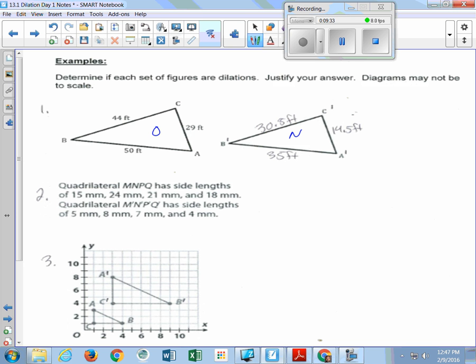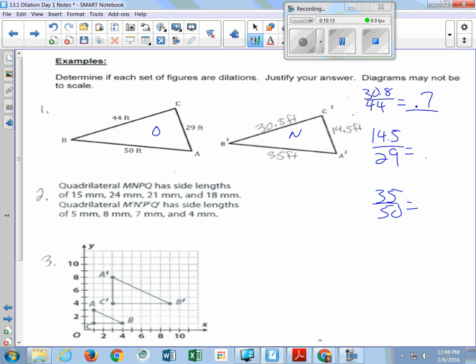So let's do BC first. That is 30.8 over 44. All right, use your calculator, plug in 30.8 divided by 44, and you should get 0.7. Now we're going to do the next one, 14.5 over 29, and we're also going to do 35 over 50.